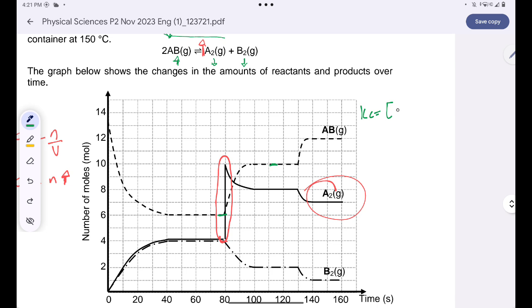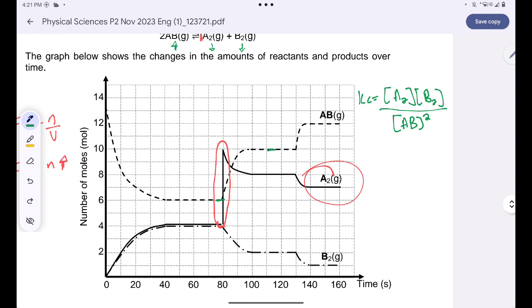So we have the concentration of A2 multiplied by the concentration of B2 divided by the concentration of AB, raised to the stoichiometric coefficient. Remember that concentration is always number of moles over volume. We do have the number of moles of both the products and reactants at equilibrium.